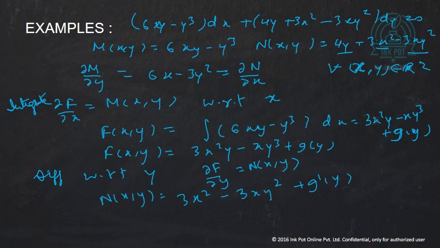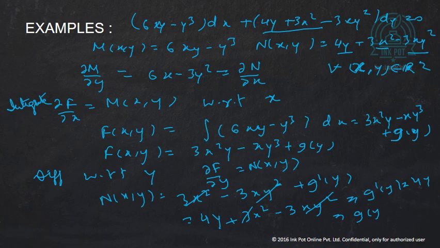And we are already given N(x,y), which was equal to 4y plus 3x squared minus 3xy squared. So these terms are the same. From here we get g'(y) is equal to 4y, and integrating this we get g(y) is equal to 2y squared plus c1.